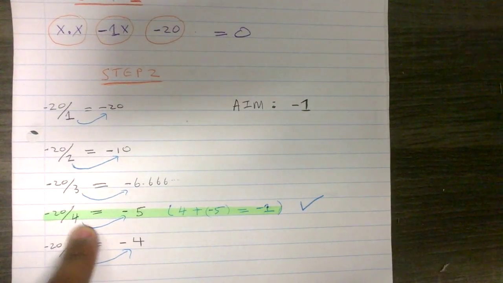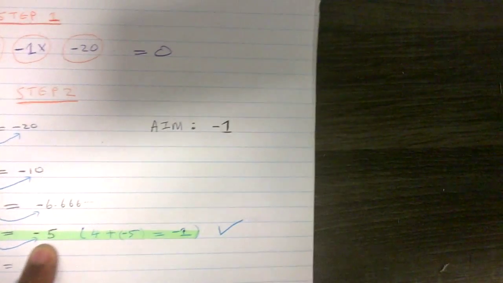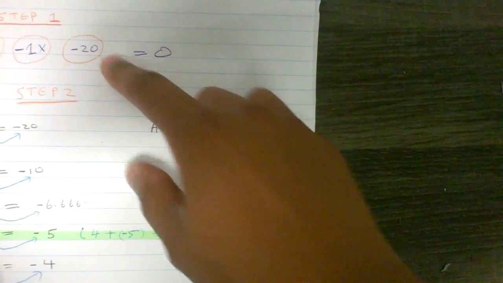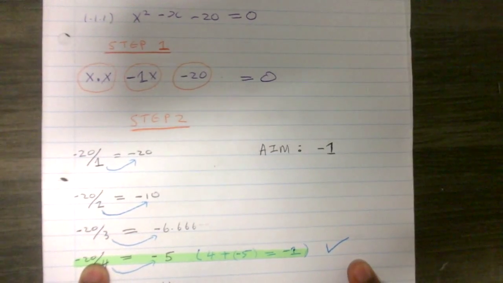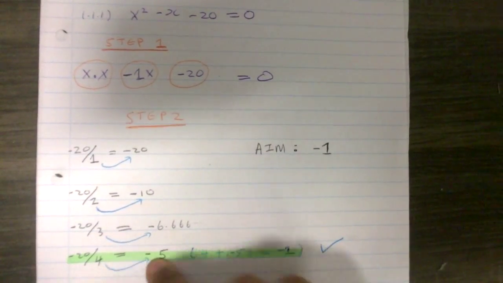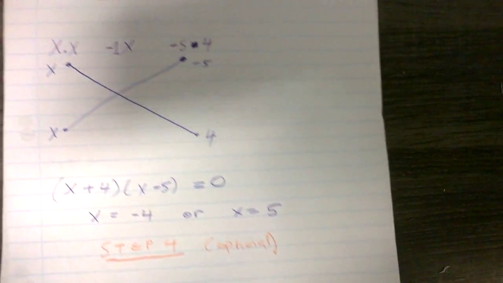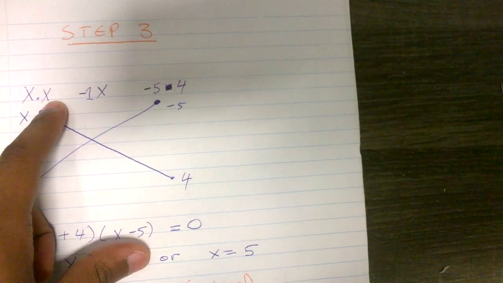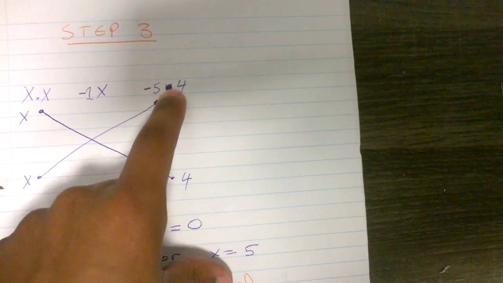So 4 and negative 5 in this instance gave us the aim. So that means you're going to write this 20 as 4 times negative 5.